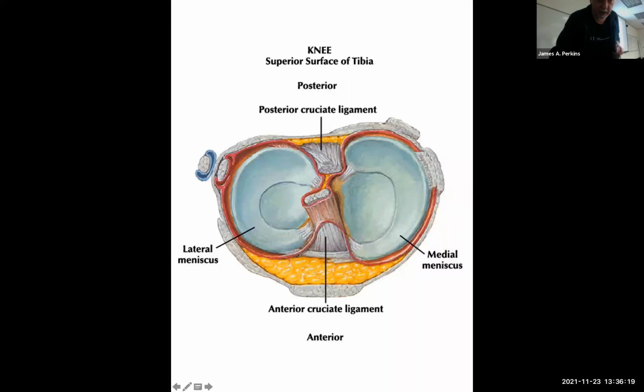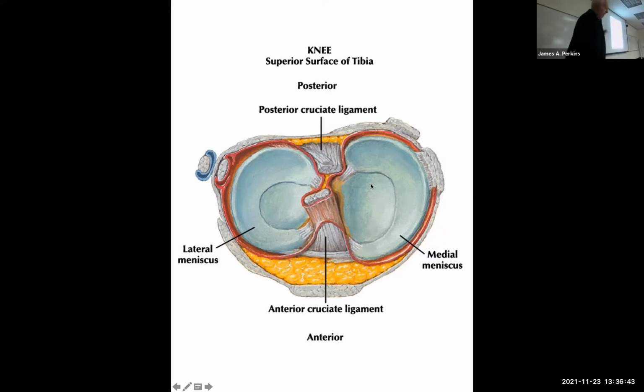So there's a big C-shaped lateral meniscus, big C-shaped medial meniscus. And the femur is in direct contact with the tibia right at the very center of the meniscus, right in the middle of this hole, in the middle of that big C. So the femur is not resting directly on the meniscus.